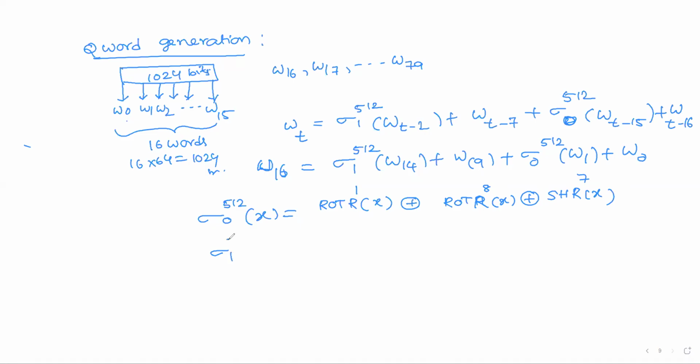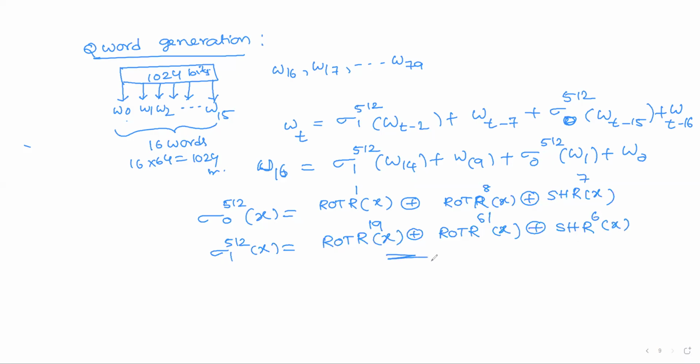Then sigma 1 of 512 of x. It is also performing rotation operations only: circular rotation of this operand x by 19 bit positions, XOR with circular rotation towards right of the operand x by 61 bits, then finally shift right by 6 bits of the operand x.